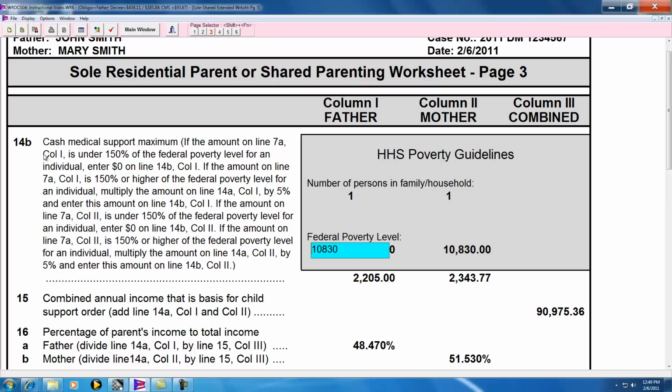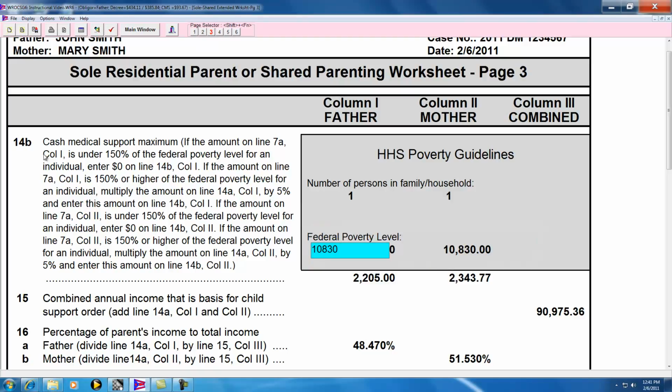I'll mention that at the time we're making this video, Roxy is set to $10,830, but that amount changed to $10,890 in the last week or so. January 20th, 2011 was the publication date of the new amount.